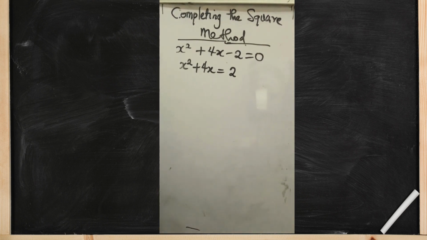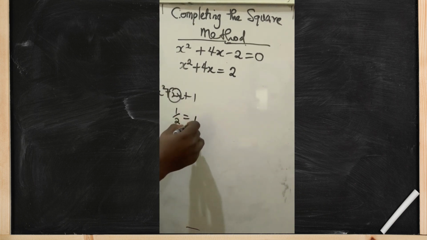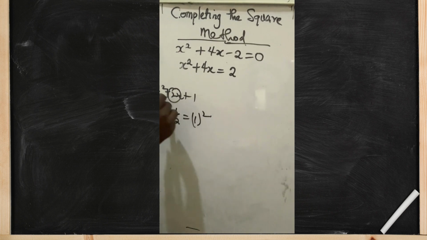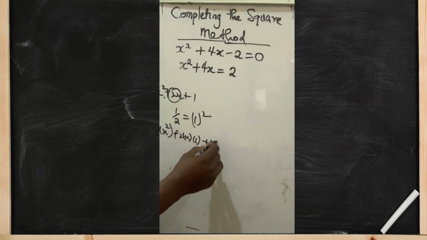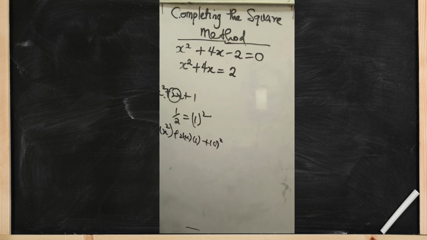Like the one that was just erased, where we had x squared plus 2x plus 1. If you find half of this value, that will be 2 over 2 equals 1. Then you square it. That's what gives you x squared plus 2 times x times 1, then plus 1 squared, which was written previously.